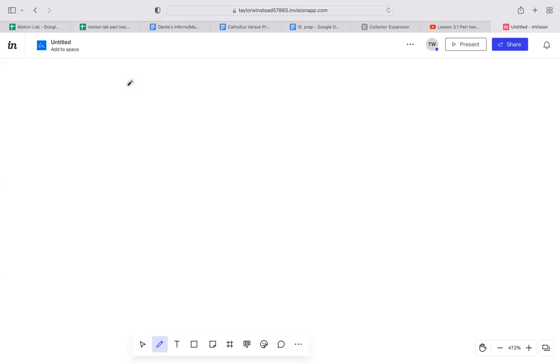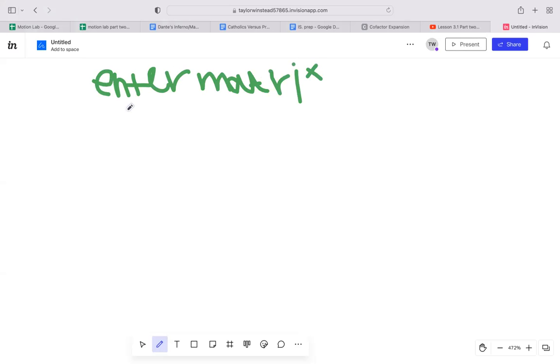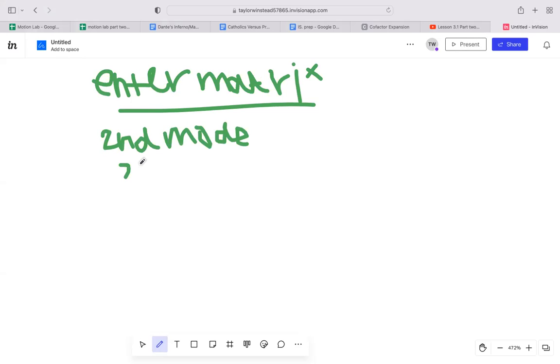Okay, I'll write it out. So you enter a matrix. The first thing that you need to do is you need to be able to write a matrix on your calculator. The way that you do that, you go to second mode. Then you go to second matrix.